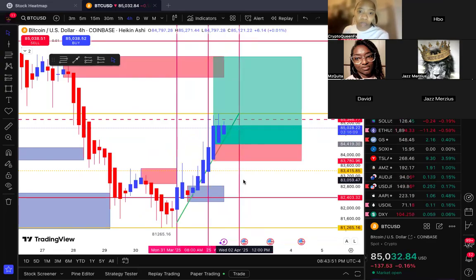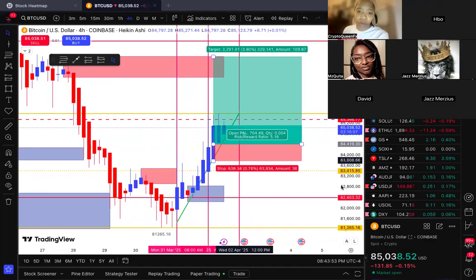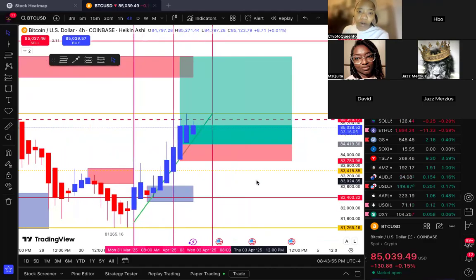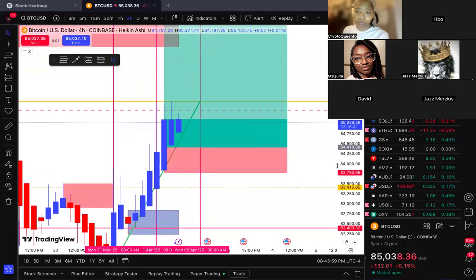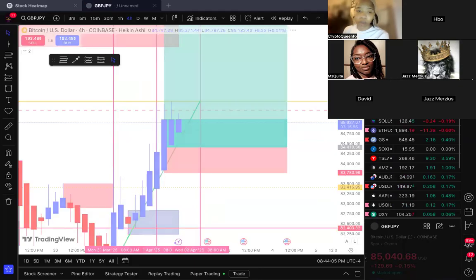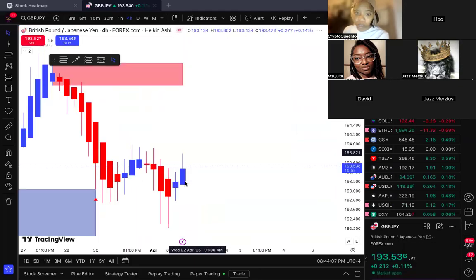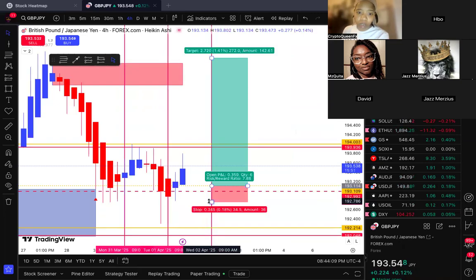For Bitcoin, I'll also be looking for a buy right around the 8 o'clock candle. Let it pull back like it's doing. GJ is in a good position for a nice hold for a buy.